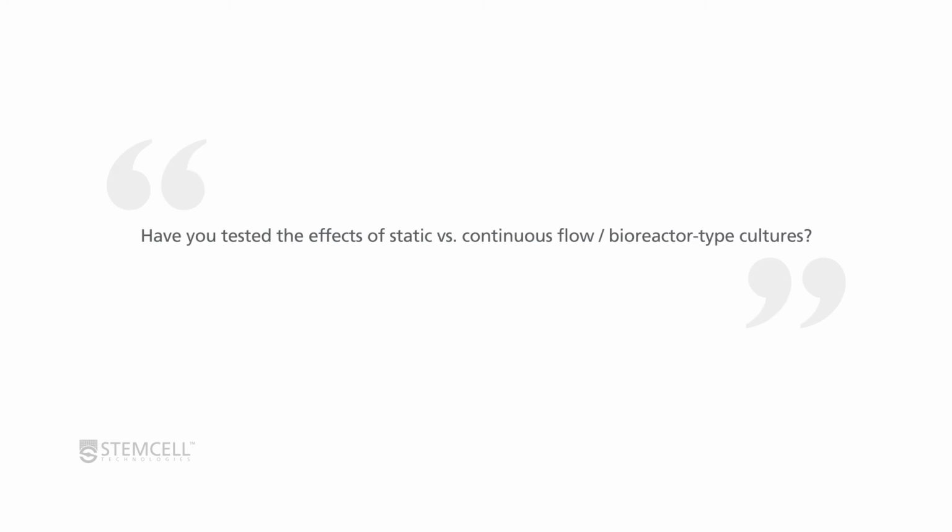Thank you. Our next question. Have you tested the effects of static versus continuous flow bioreactor type cultures? We haven't. We would like to. I think that's an important question. What happens with these cultures, particularly progenitor cells, is they can be expressing cytokines that may be inducing differentiation or compromising stemness.